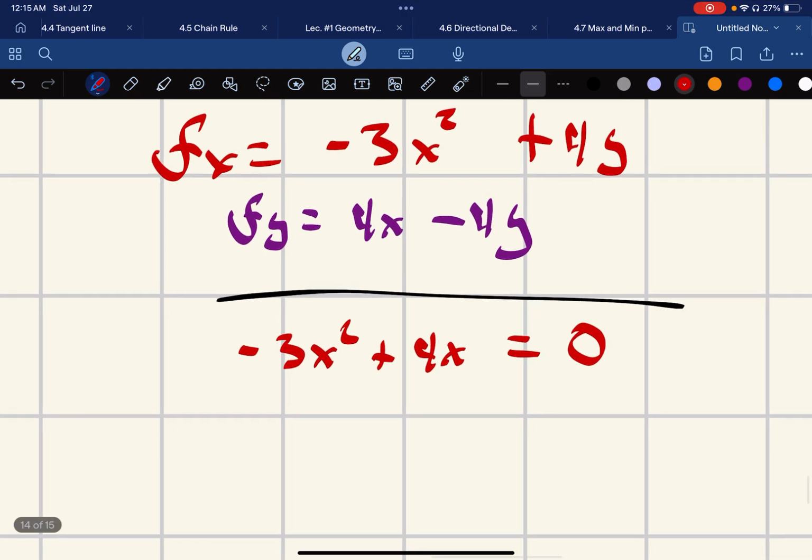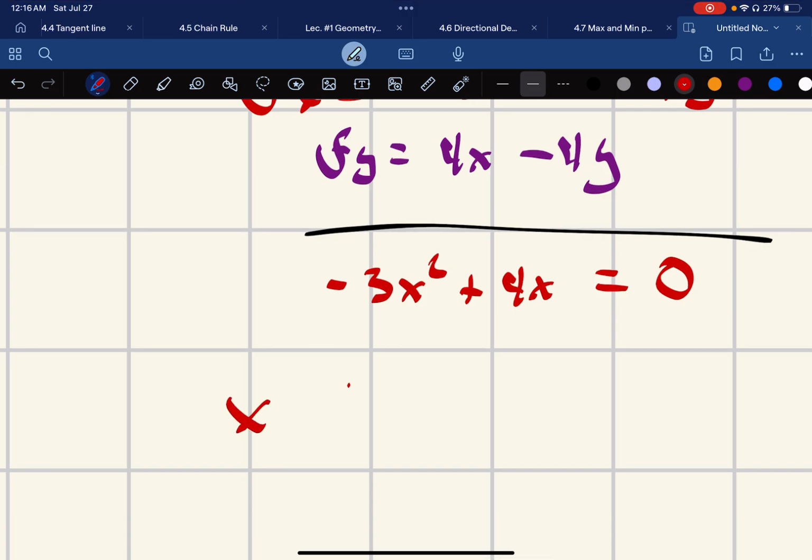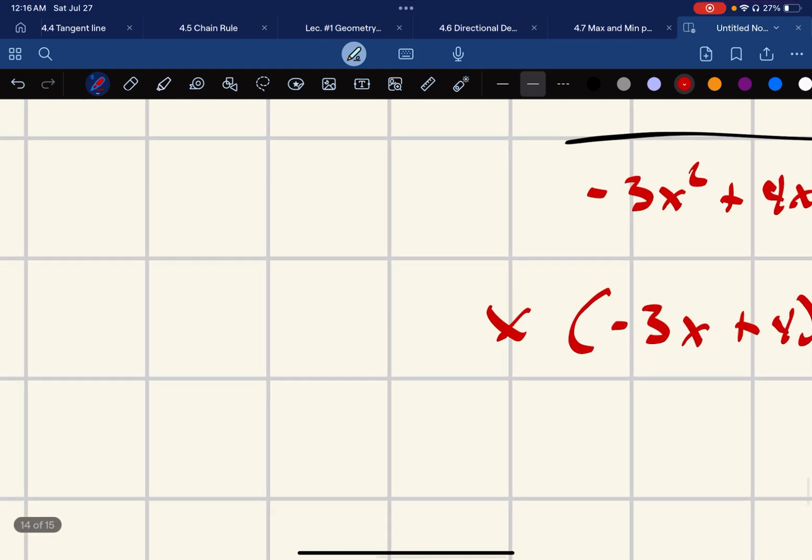Now we only have a common variable, which is x, and what we could do is pull it out. So we have x times negative 3x plus 4 equals 0. Again, since x is outside, anything times 0 would equal 0.